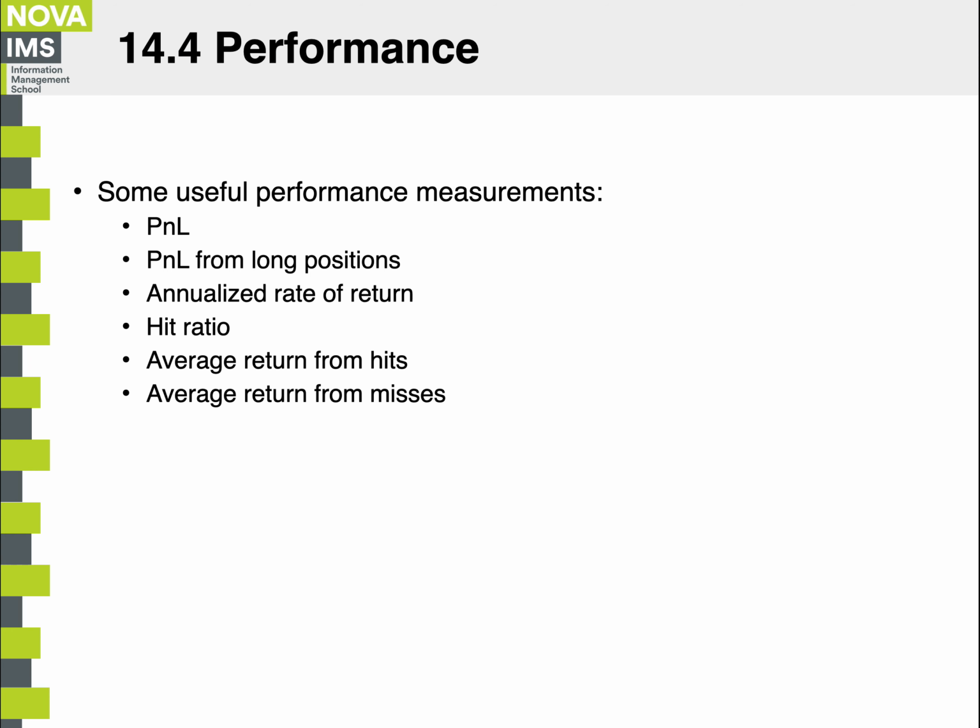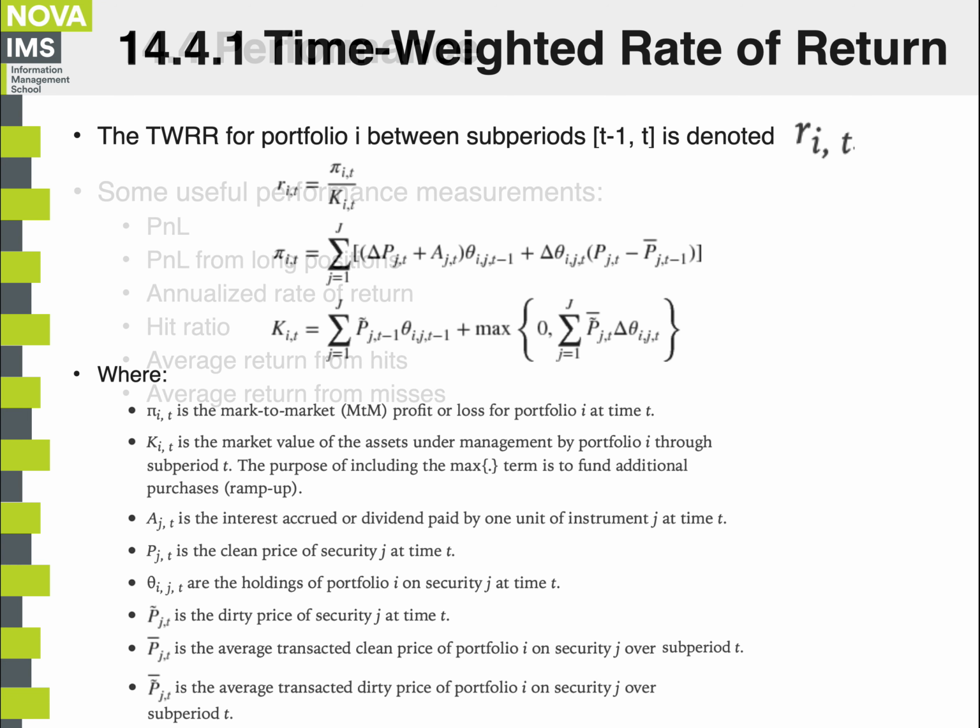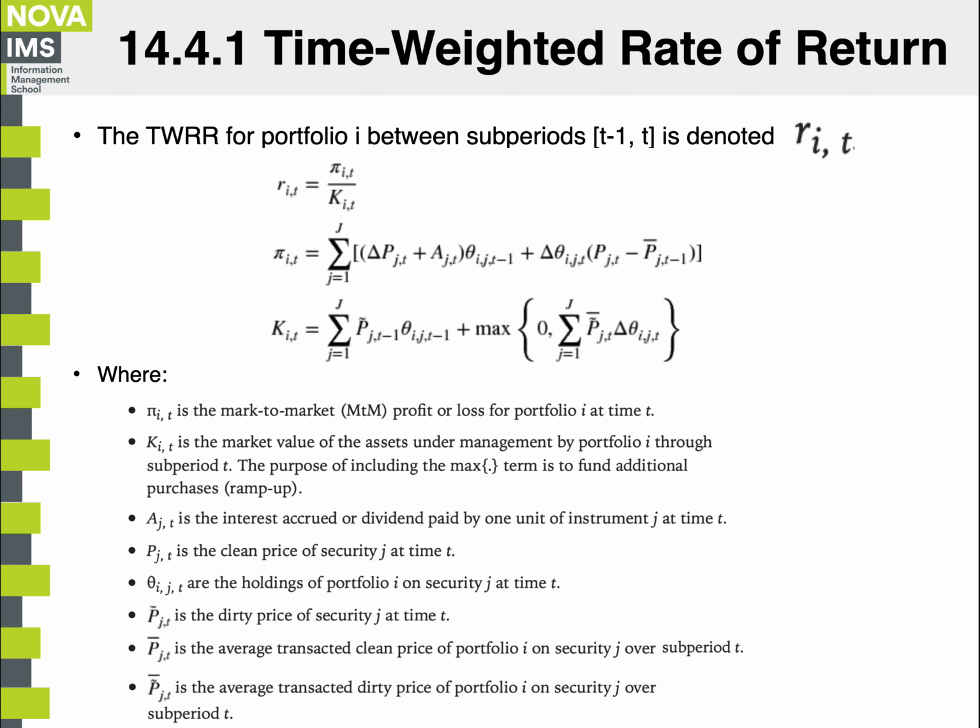Average return from hits is the average return from bets that generated a profit, and average return from misses is the average return from bets that generated a loss. Time-weighted rate of return is the rate from realized and unrealized gains and losses, including accrued interest, paid coupons, and dividends for the measurement period.